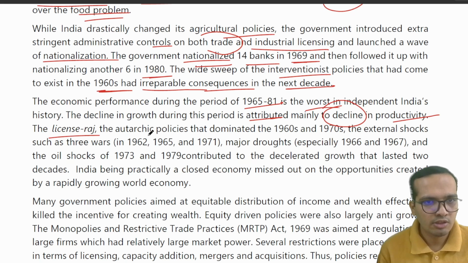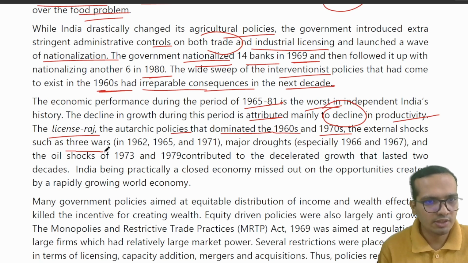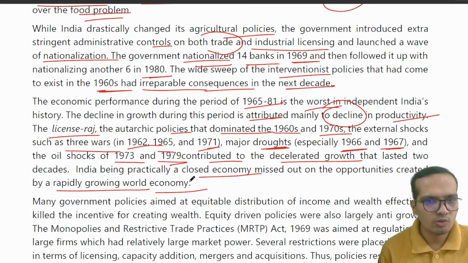The License Raj, the authoritarian policies that dominated in the 1960s and 1970s, and external shocks such as three wars, in 1962, 1965 and 1971, major droughts, especially 1966 and 67, and the oil shocks of 1973 and 1979 contributed to the decelerated growth that lasted 2 decades. India, being practically a closed economy, missed out on the opportunity created by a rapidly growing world economy.